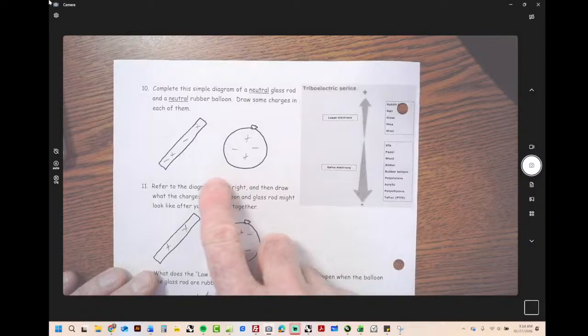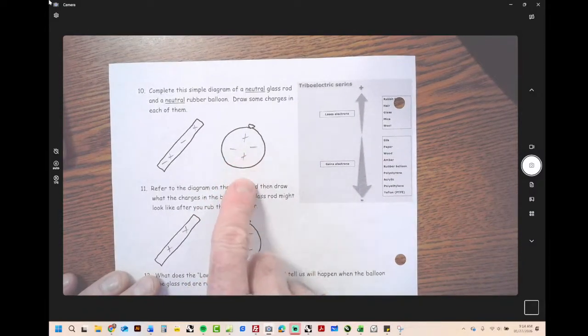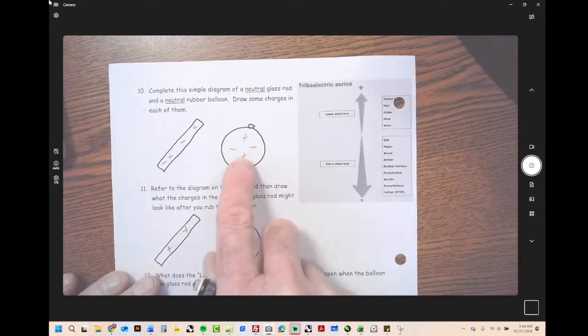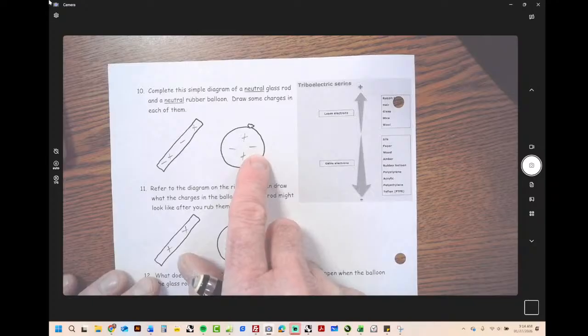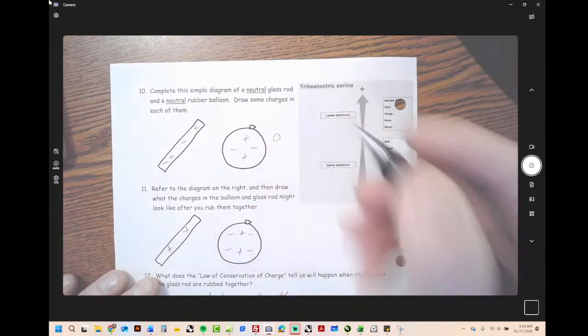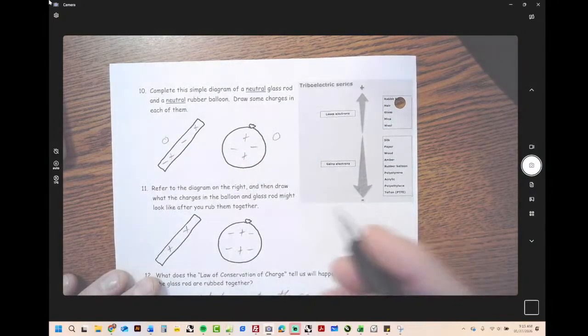Over here, it doesn't matter exactly how you did this, as long as you put an even number of positives and negatives in the two things. So I gave my balloon 2 positives and 2 negatives, so its charge is 0. And the charge of this one, because it's got 2 positives and 2 negatives, is also 0.